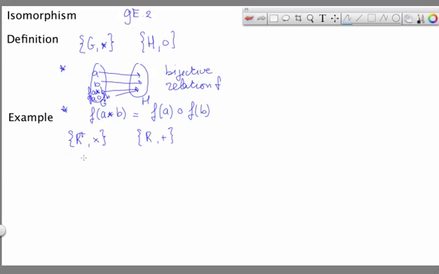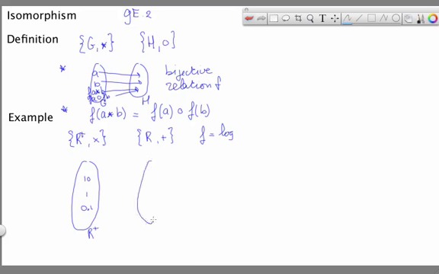First of all, I need to define a relation, and the relation is the log. Okay, so let's have a look if we can understand this. I have here all the positive real numbers like 0.1, like 1, like 10, and so on.